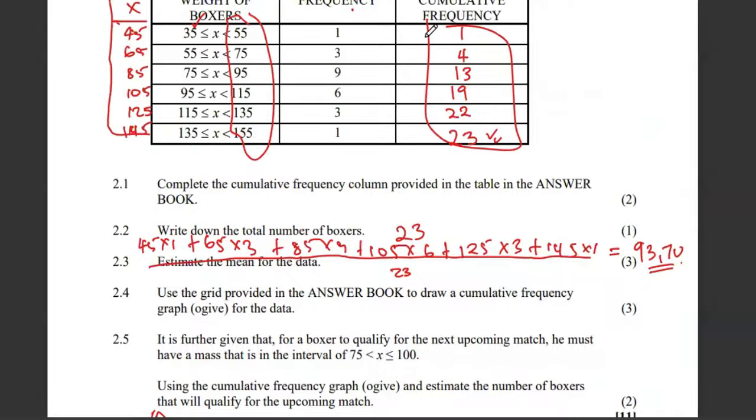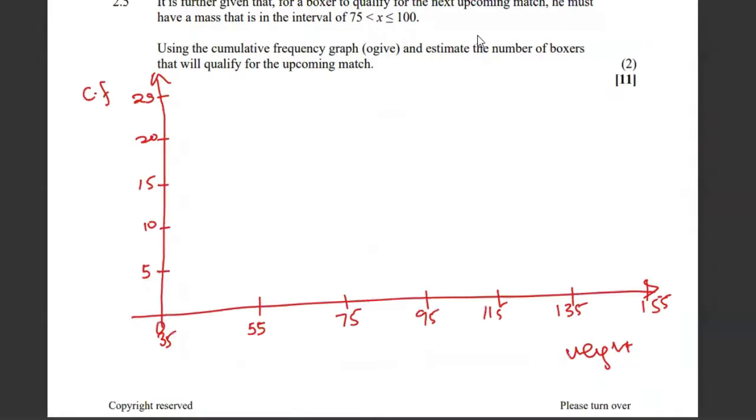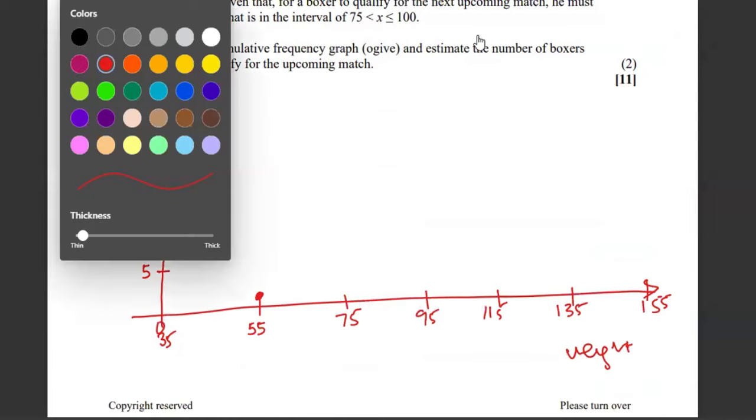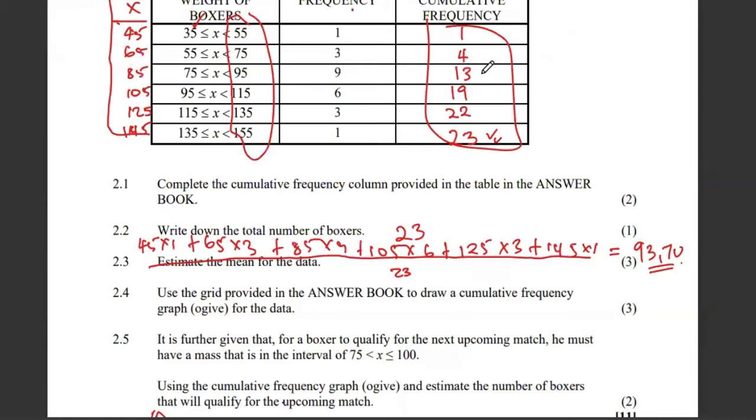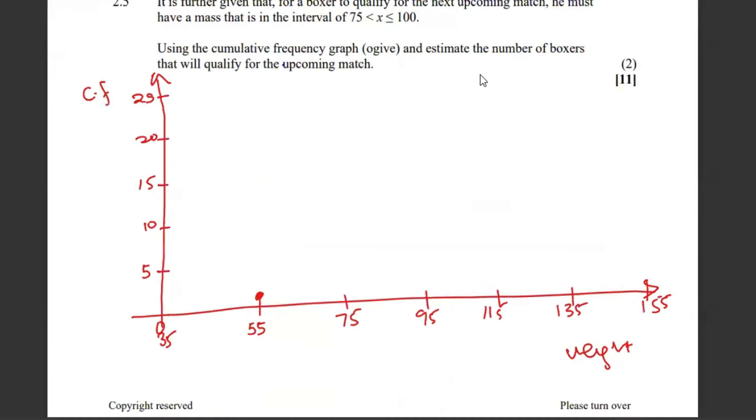So 55 is going to go with the 1. 1 is somewhere there. And then the next plot is supposed to be a 4. Okay, 4, then 13. So 4 is just below 5. And then 13 is somewhere there. Okay.